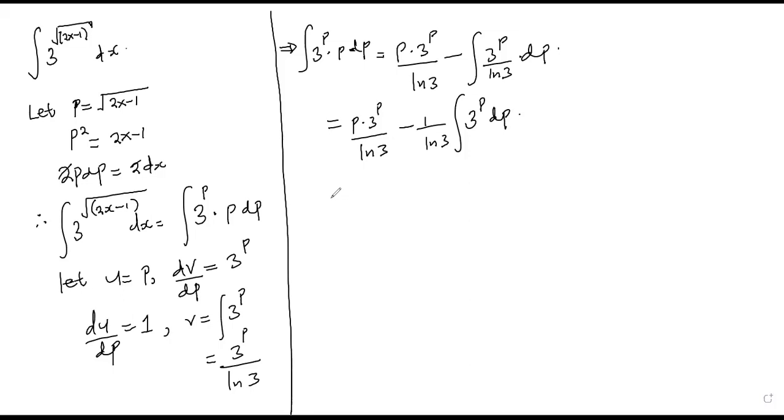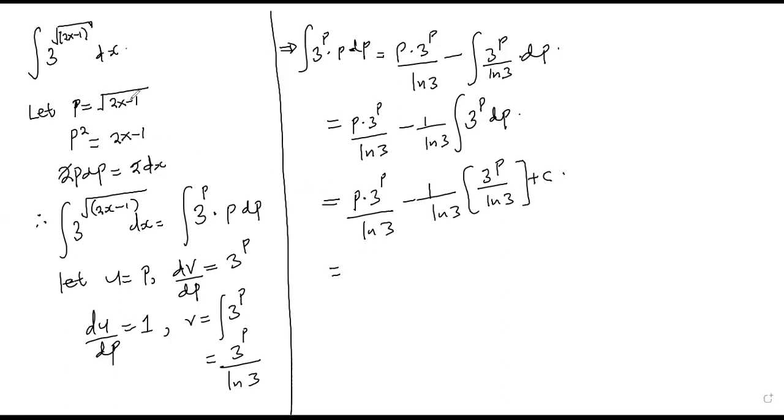This is equal to p 3 power p out of ln 3 minus 1 over ln 3 into the integral of 3 power p. This is the same as 3 power p again out of ln 3, then plus the constant of integration.